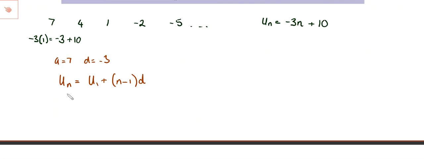So what do I put where? Sorry, that shouldn't be an A1, that should be an A, shouldn't it? So what do I put instead of the A? 7. 7 plus n minus 1 times, and I put it in brackets just because it's a negative number and I want it to multiply and not look like a subtraction, okay?